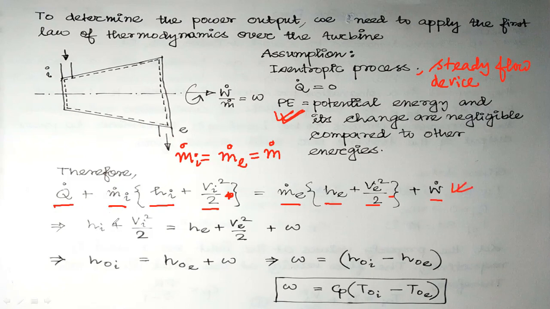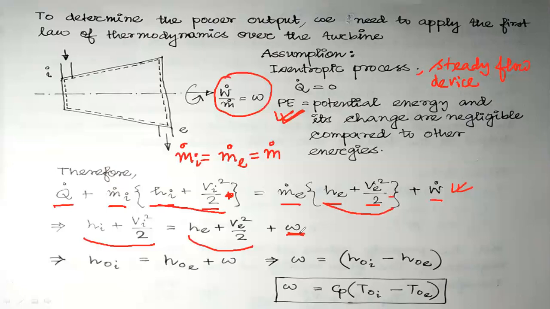This is hi plus vi square by 2 equals to he plus ve square by 2 plus w, and W dot divided by m dot is w. So we have written the equation on the basis of per unit mass flow rate.